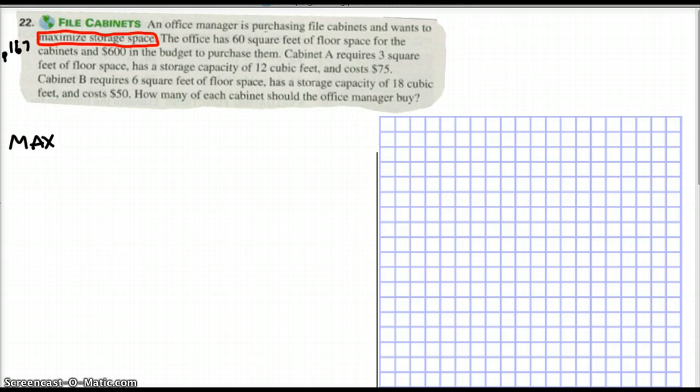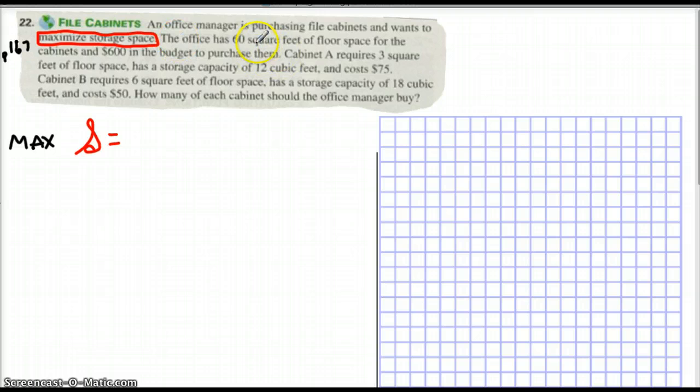And in this case we're going to maximize storage space. I guess I should keep reading the problem, but when I see that, maximize something, I'm pretty certain I can jump right to making my master equation. But I guess it's probably best technique if we kept reading. But that jumped out at me.